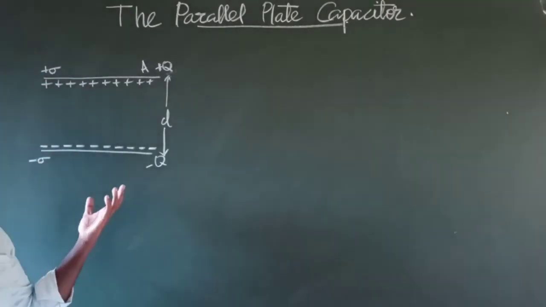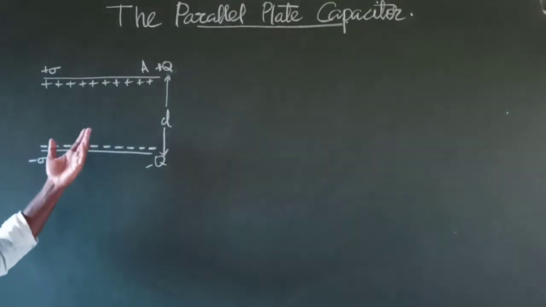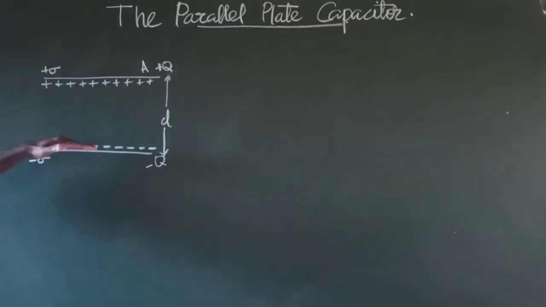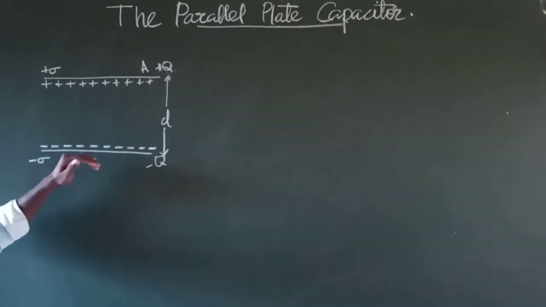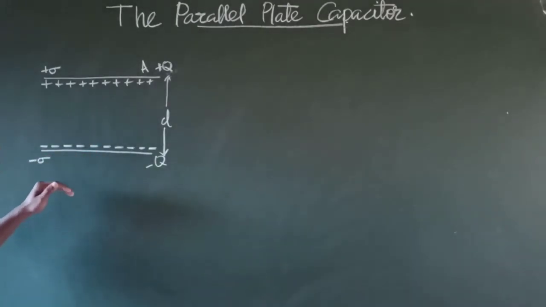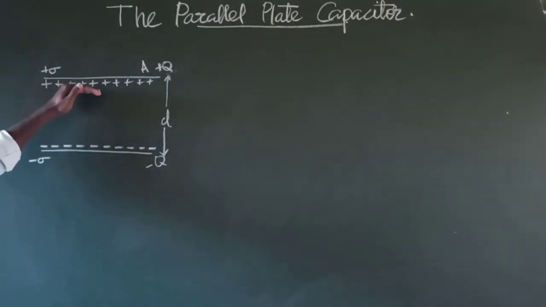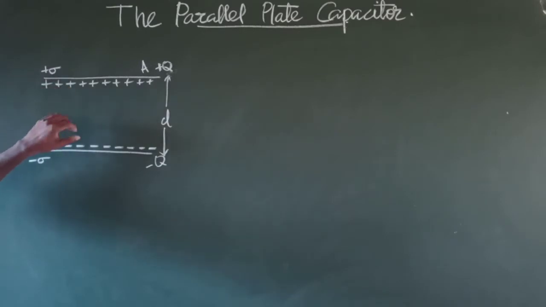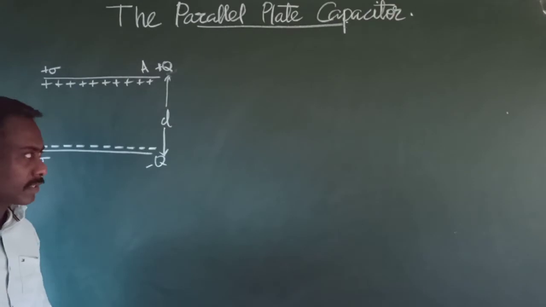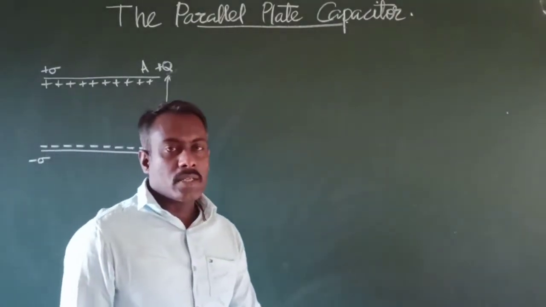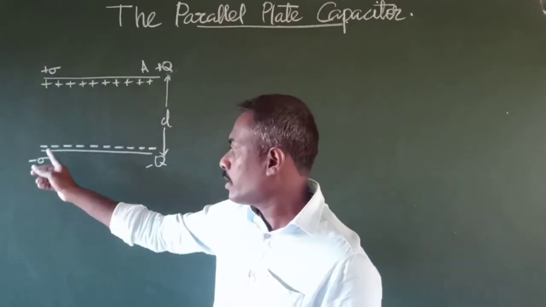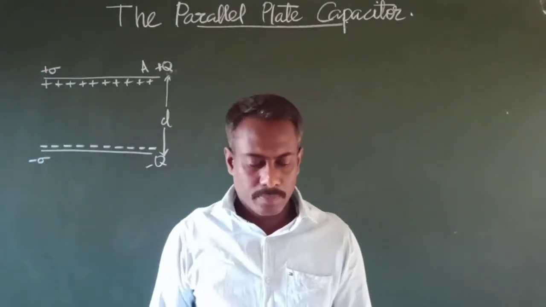How does a parallel plate capacitor acquire these positive and negative charges? When one plate is charged and an uncharged plate is brought nearby and then grounded, it will acquire charge, and an electric field will be produced in between these two plates, and that acts as a capacitor.